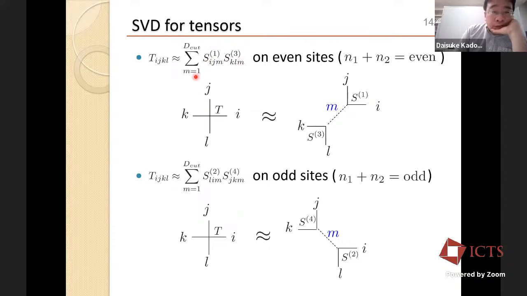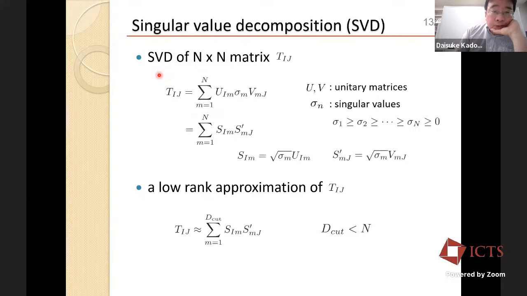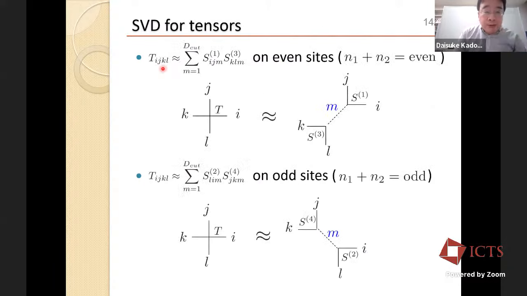And in this case, the SVD is given for an n by n matrix T, and we can regard the rank 4 tensor as a matrix, regarding Ij as a column of the matrix and KL as a row of the matrix.